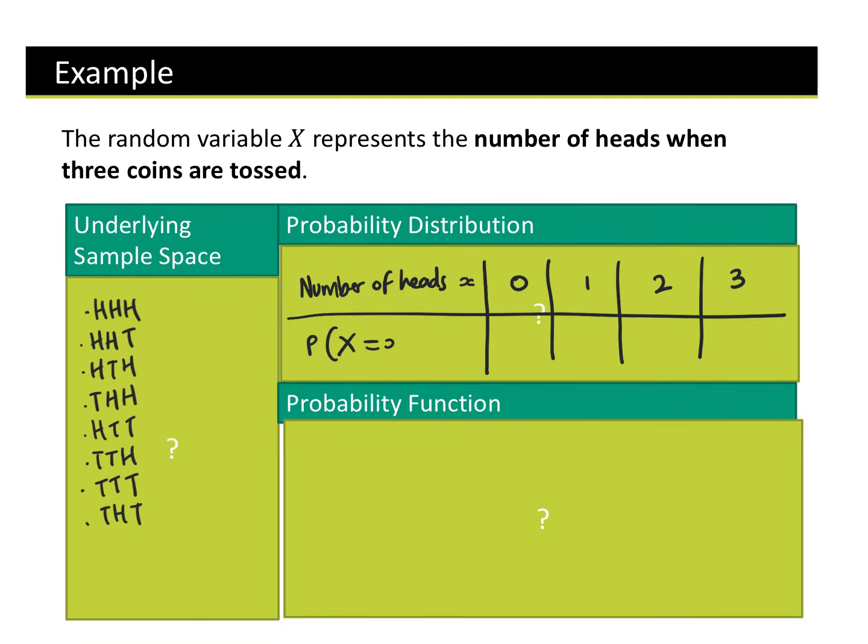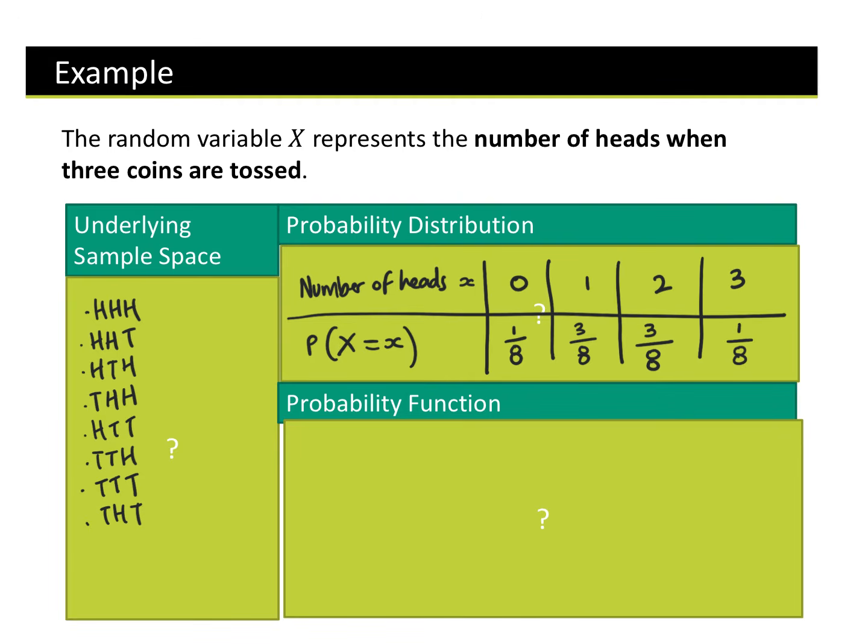What is the probability of 0 heads being shown? 1 out of a possible 8. What is the probability of 1 head being shown? 3 out of a possible 8, because there are only 3 in here which have 1 head. Probability of 2 heads being shown? 3 out of a possible 8. And what's the probability of 3 heads being shown?